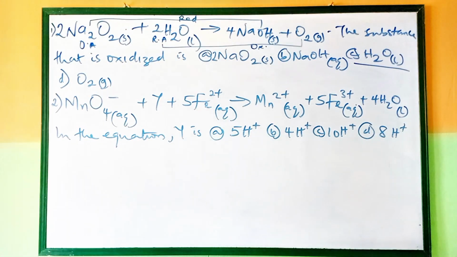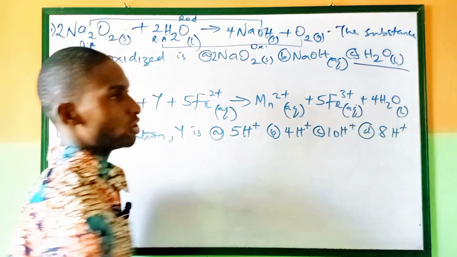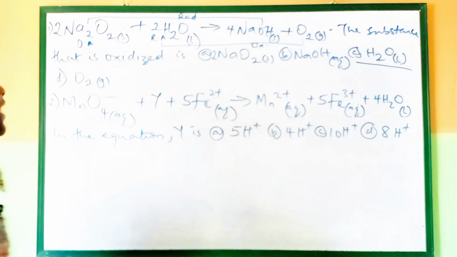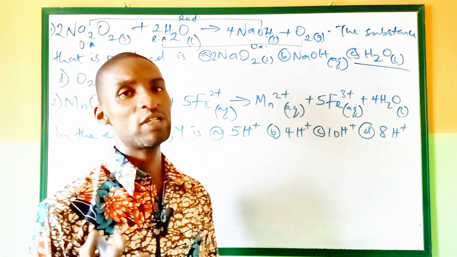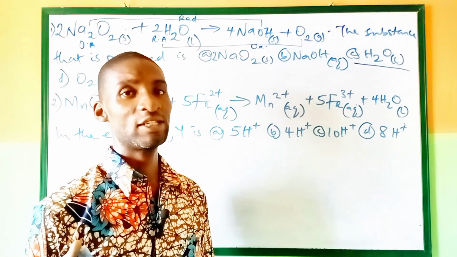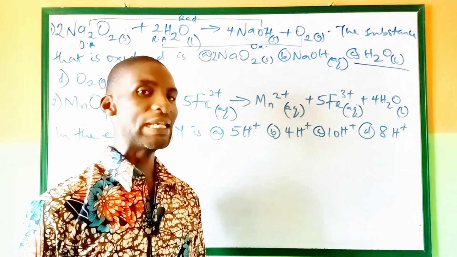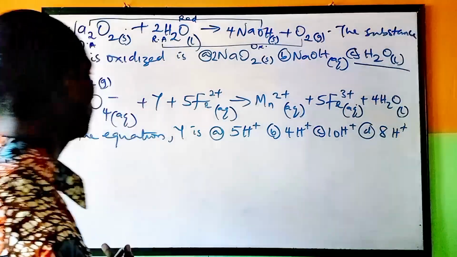And the last question here, this has to do with balancing of redox reaction. I've also done a video on that. You need to check the description to see the link to that video.